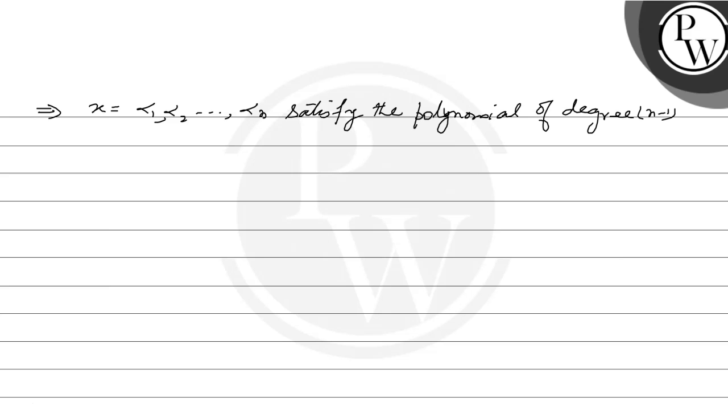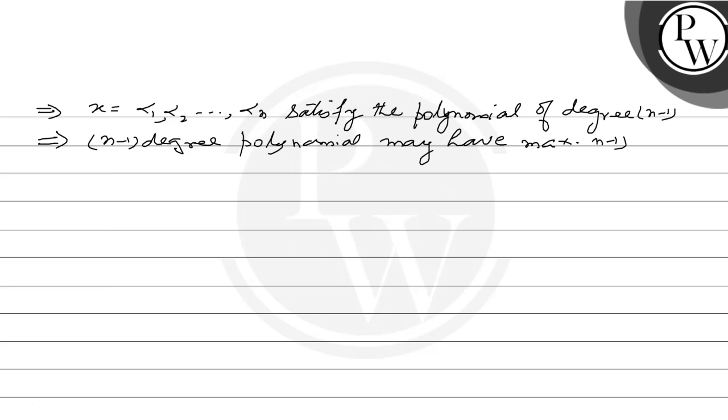Am I right? It means an n minus 1 degree polynomial may have maximum n minus 1 roots. Am I right?